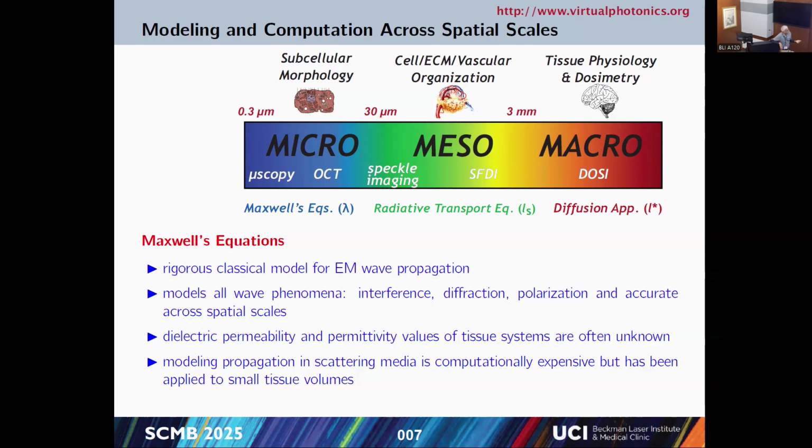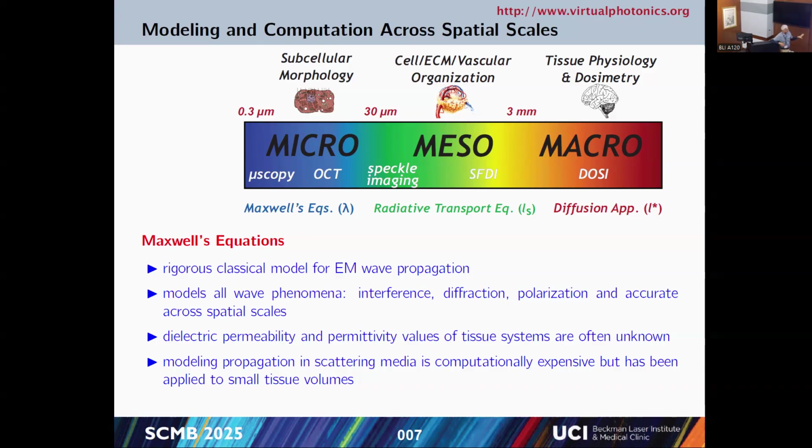But there are challenges. Obviously, the reason why we don't use Maxwell's equations on spatial scales of millimeters to centimeters is, number one, the two properties that govern propagation of light in a wave context are two parameters called dielectric permeability and dielectric permittivity.